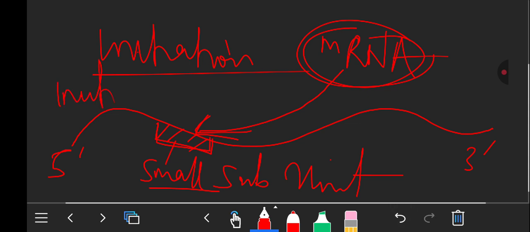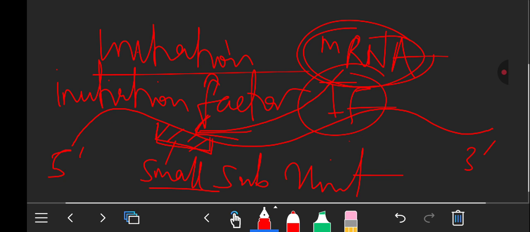So with the help of the initiation factor, this mRNA will bind to the small subunit. The small subunit moves in the same direction, which is 5 prime to 3 prime.